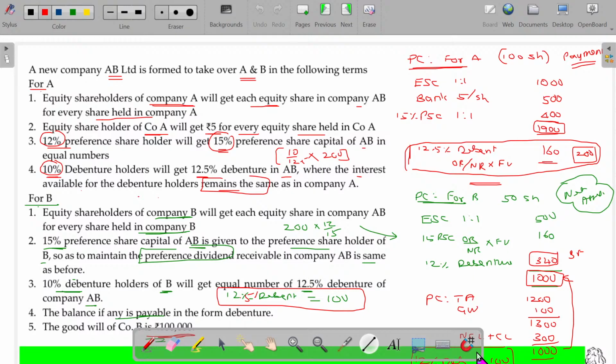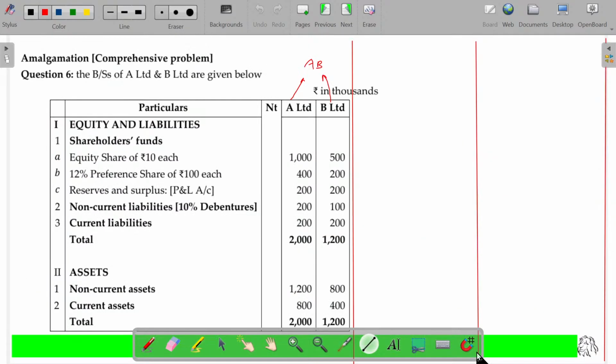Nothing is stated, so I may simply close the books of A Limited and B Limited by preparing the ledgers and straight away pass the journal entry and prepare the new balance sheet. I'm not going to pass the journal entry for the closure of the books.